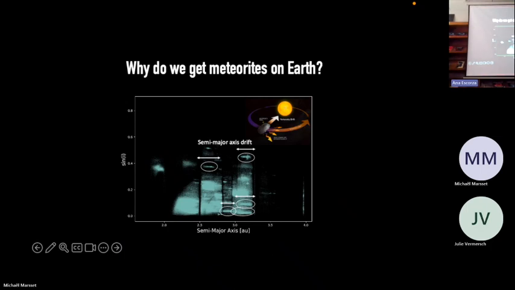Can I ask a question? Sure. Is the sensitivity of the map complete, or are there places where you cannot detect? Sorry, I didn't get that. The sensitivity of this map, is it complete? Oh yeah, well, to a certain size, yeah. But in semi-major axis and inclination?